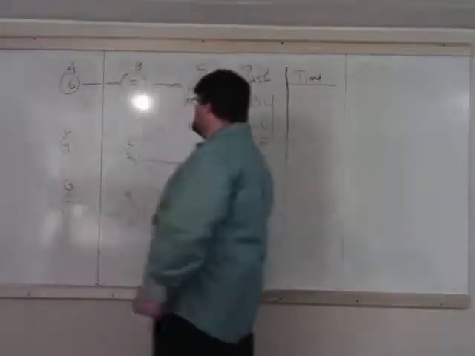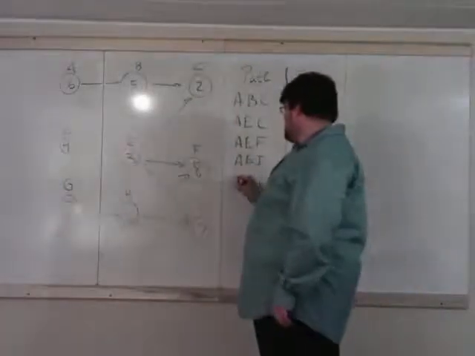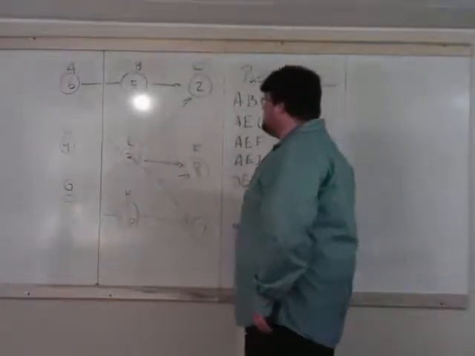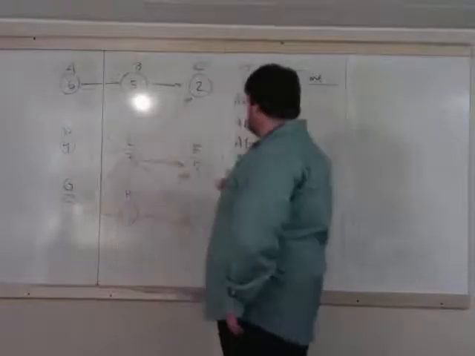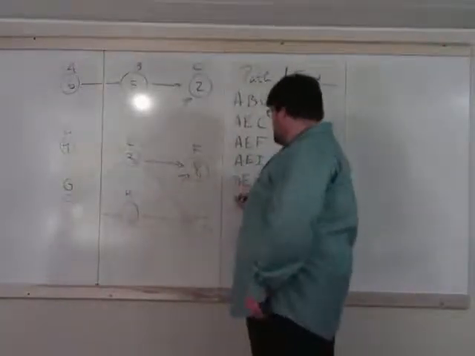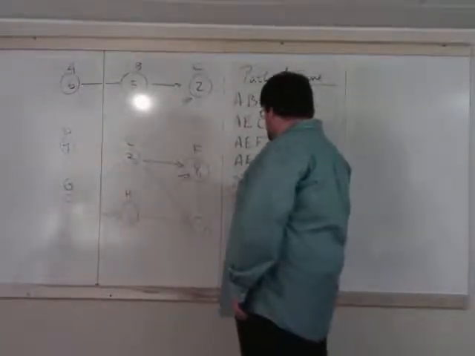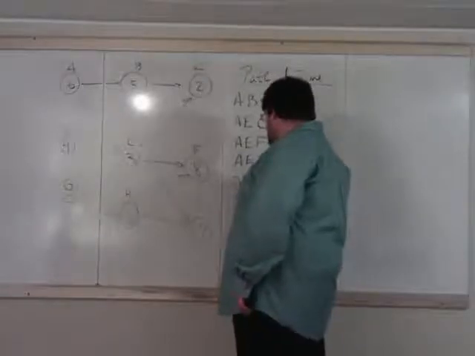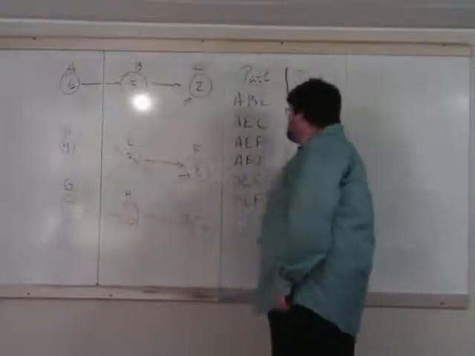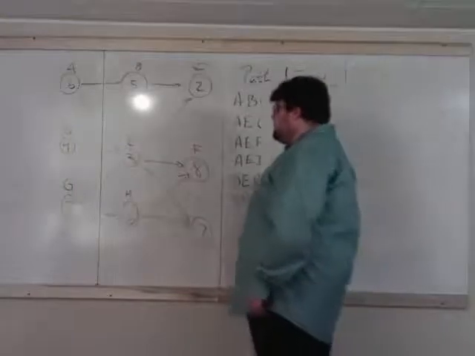D. You can go to E. D, E, you can go up to C, or you can go over to F, or you can go down to I. How about from G?